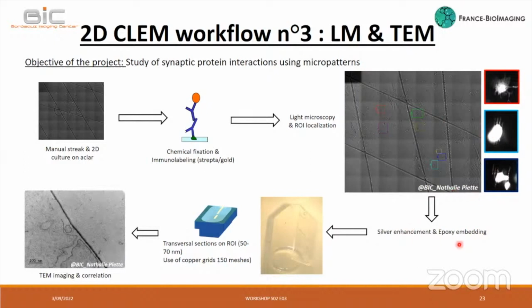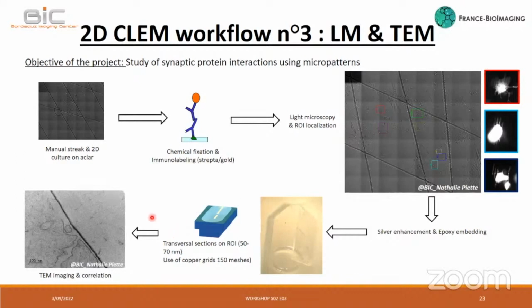After the same treatment for electron microscopy that I previously explained, we obtain a block, and in the block we are able to localize the same square of interest and do sectioning in this part only.